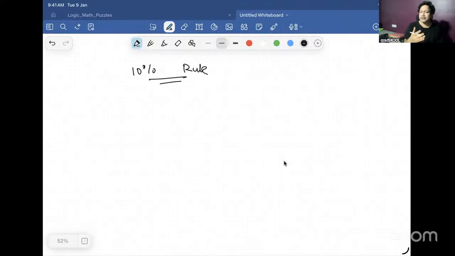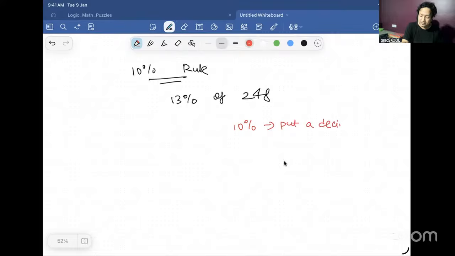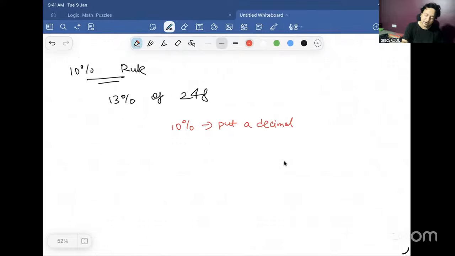Okay, so here, let's say I'm getting something really weird, like 13% of anything, let's say 248. Now we don't know what to do. So here I'll use the 10% rule. Now, what is the 10% rule? If you want to calculate 10% of anything, put a decimal point before the rightmost digit.